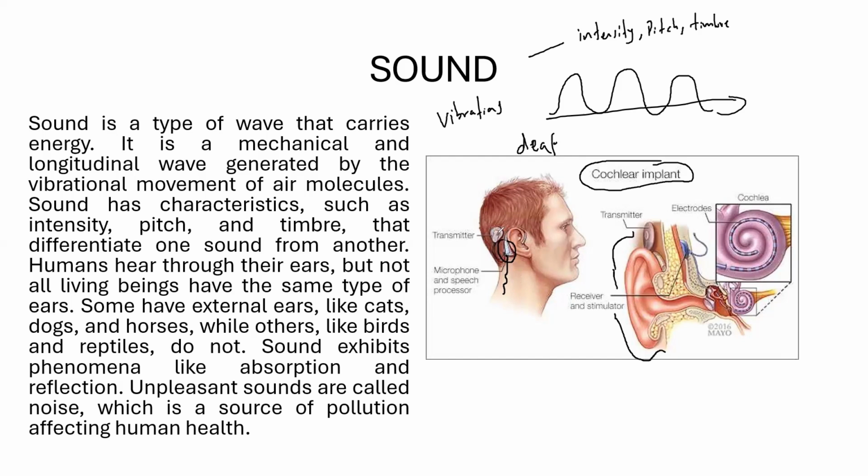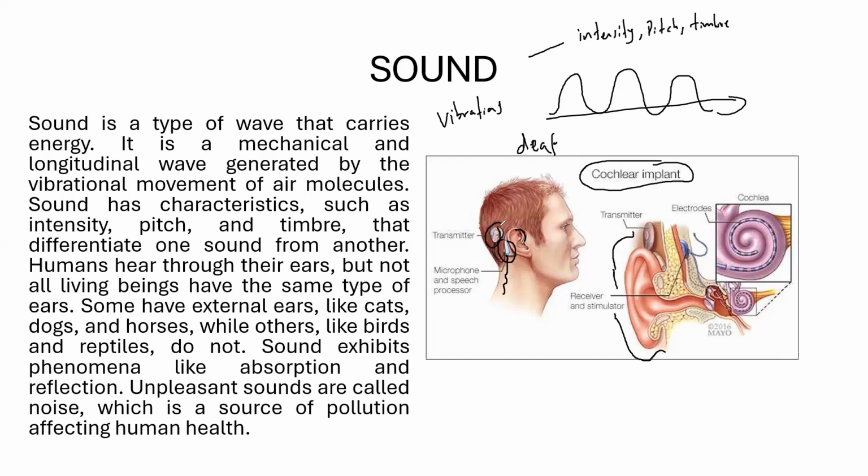And the transmitter, that is this one, or you can call it a receiver stimulator. This will receive the signals from the speech processor and convert them into electric impulses.